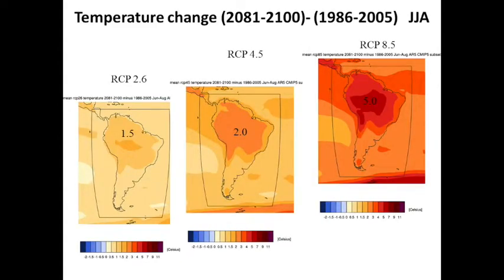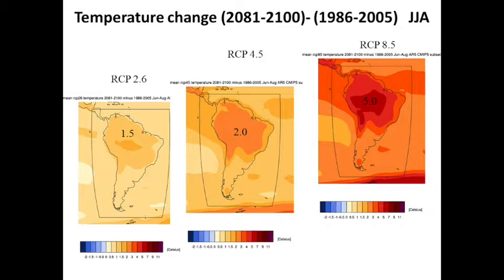Now, before showing that, what do you know about observed climate change in your country? From South America, who wants to talk about observed changes? What do you know about? Let's say.